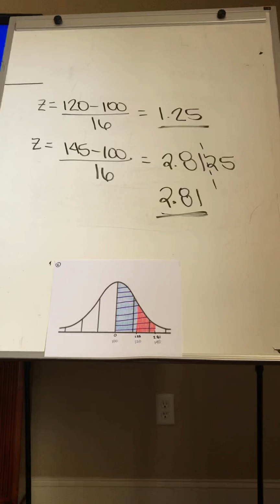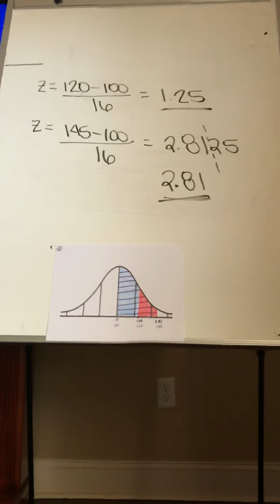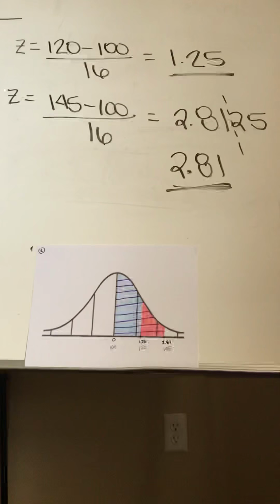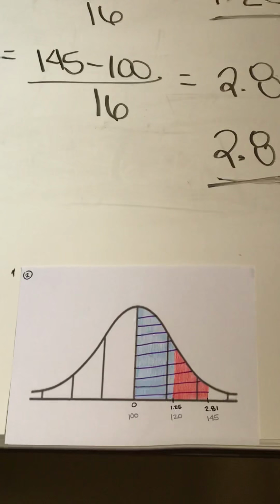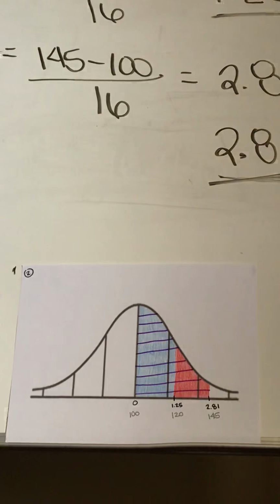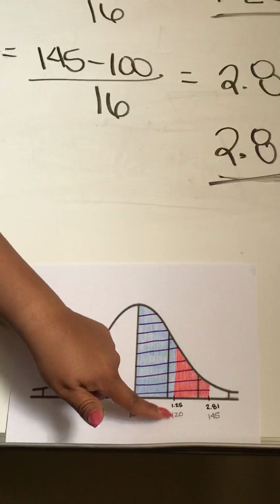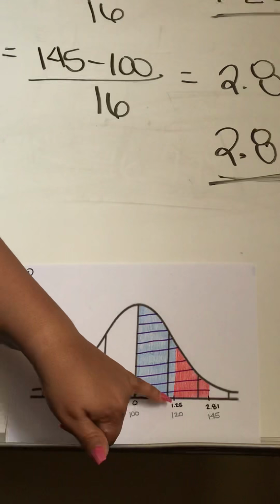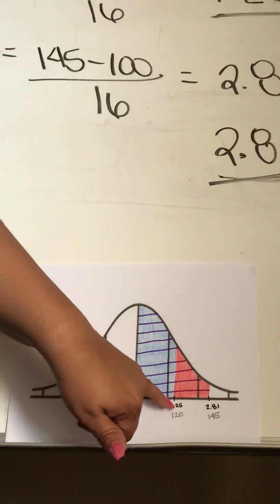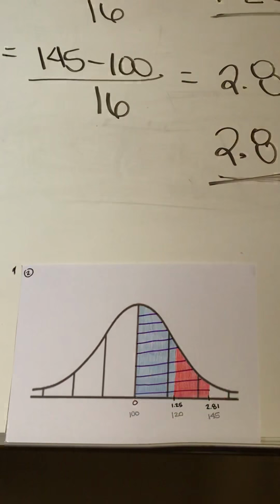Now, it's kind of the same setup as number 1. I'm going to zoom in on the bell. Now, I want to know the red shading. That would be the people who have an IQ between 120 and 145. You see I have the corresponding z-scores, 1.25 and 2.81. So I want to know that red piece.